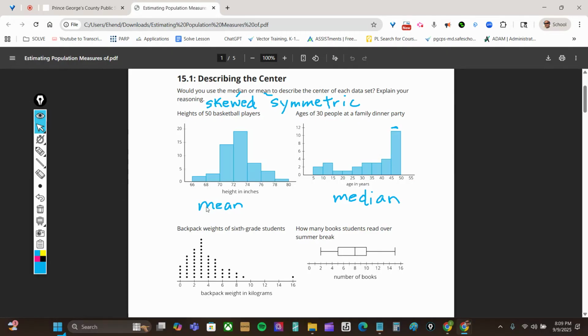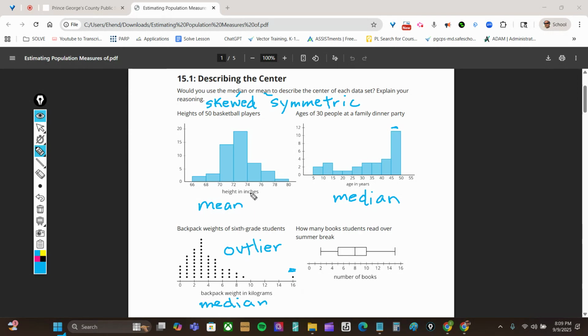If we look at the backpack weights for sixth graders, that is also skewed because we have this outlier out here, a random high or randomly extra low value. So that outlier skews the data. In this case, it'd be better to use the median.